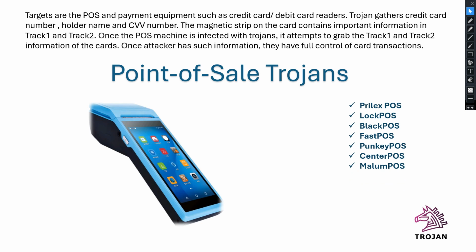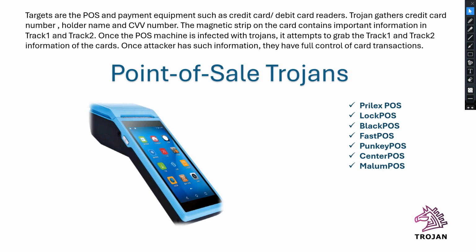We'll have the next video, and we will discuss the remaining Trojans, and after that I will make only one video on these Trojans. So I believe most of the topics are covered for the Trojans.